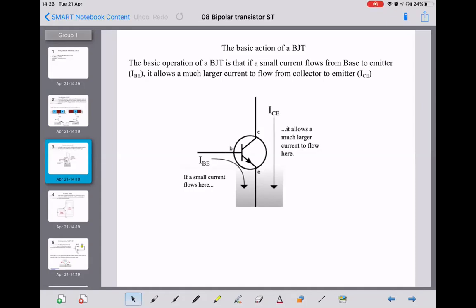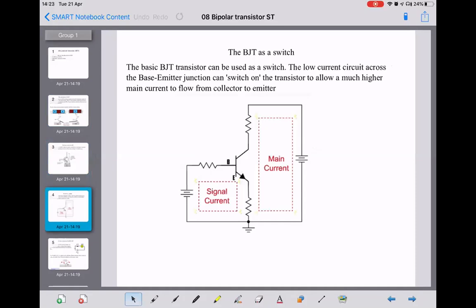Yeah. So what that means is we can use it in its most basic form as a kind of switch, with a low signal current in the base emitter circuit as shown on the left.